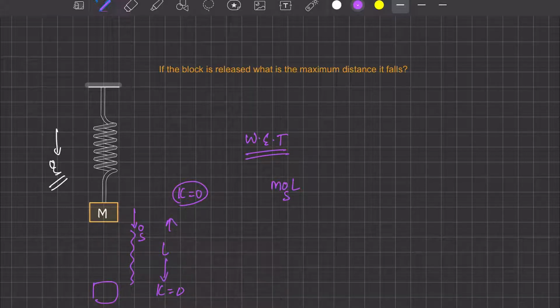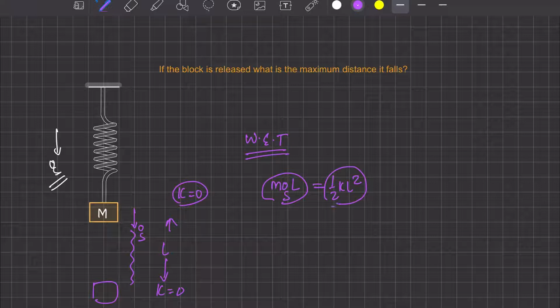Now, there will be kinetic energy in the middle, but from the initial position to the final position, there is no change in kinetic energy. Initially it is 0, finally it is 0. So the change in potential energy completely goes to half kL square, meaning spring potential energy. The loss of potential energy of the block gets stored in the spring in the form of spring potential energy.